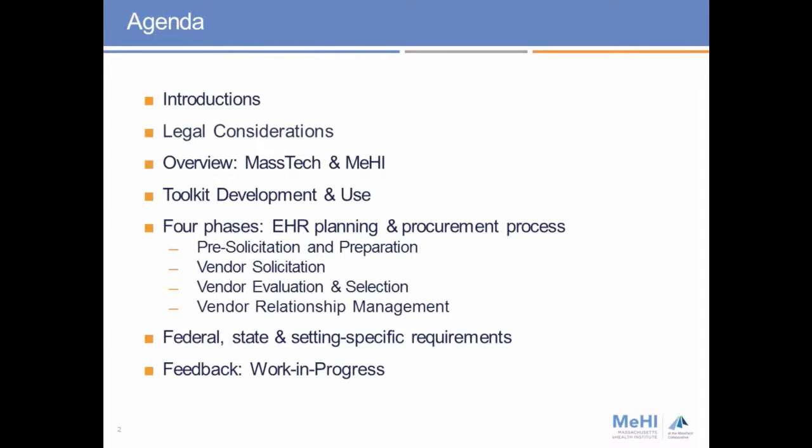We will briefly touch on some important federal, state, and setting-specific requirements, and note that although this toolkit is designed primarily for organizations that have not yet adopted an EHR system, it may also be useful to organizations that are in the midst of the procurement process or that are contemplating changing systems.